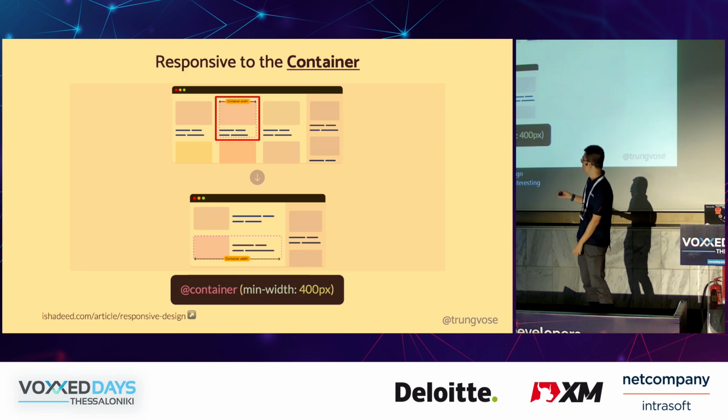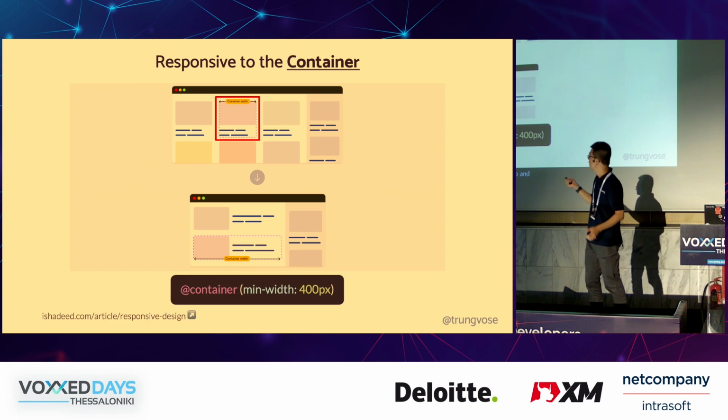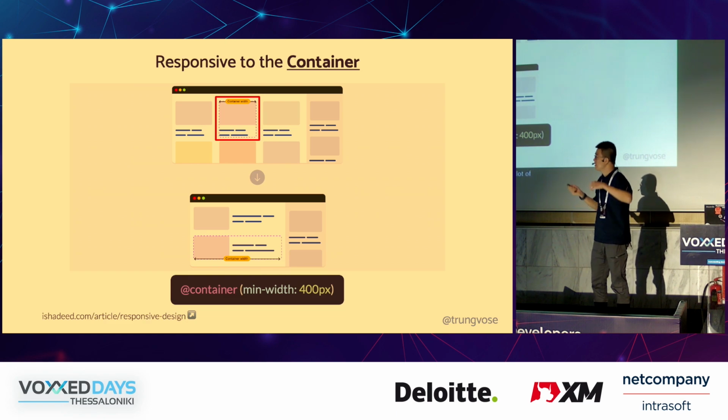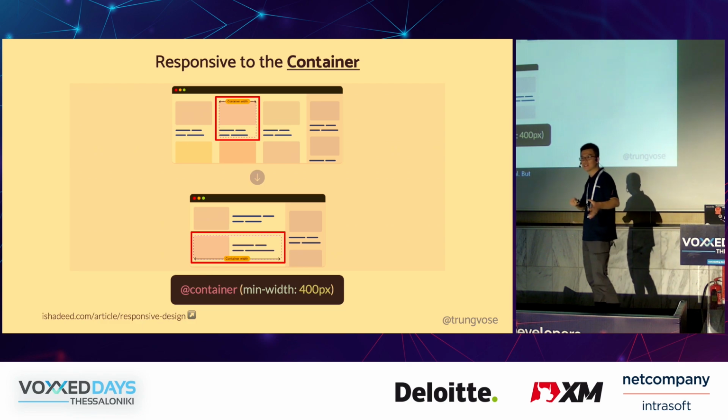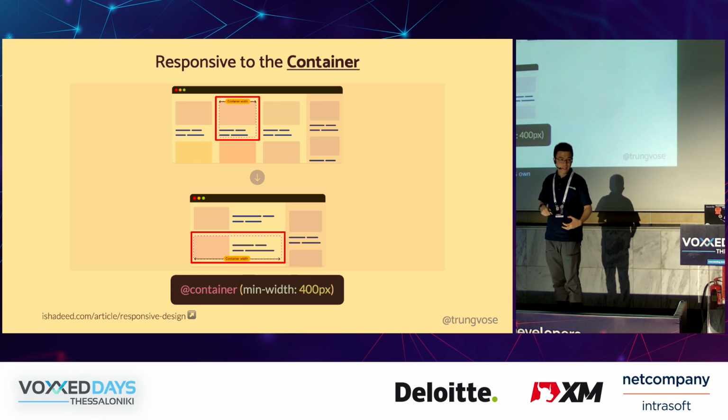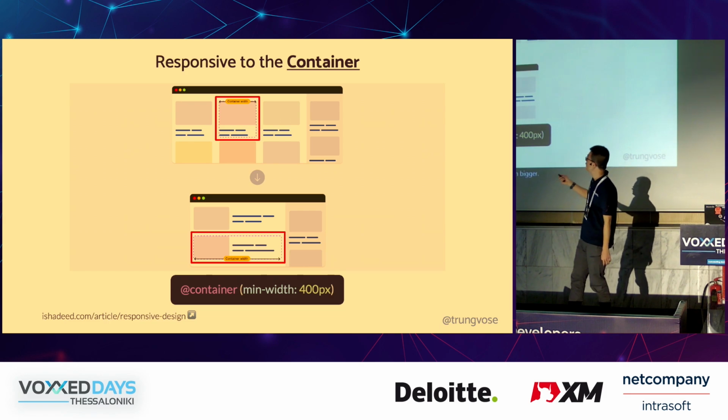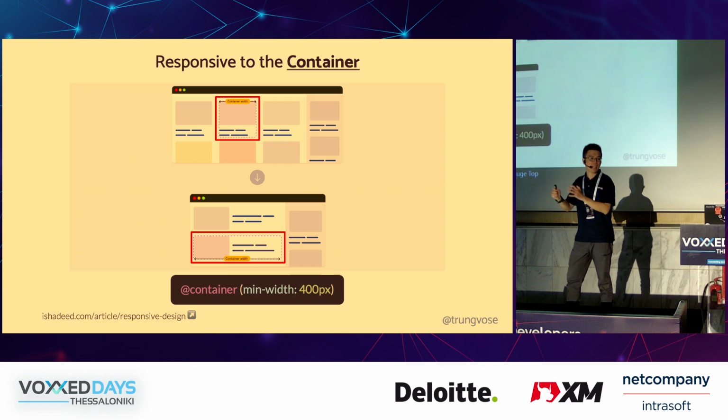So here, let's say I have the card, and when it is in the grid with a lot of space, I want it to be an image, and then the content below; I call it vertical. But then when it exists on its own, and the space is much bigger, I don't want it to have a huge cover anymore. I want it to be side by side, on the left and on the right, easy.